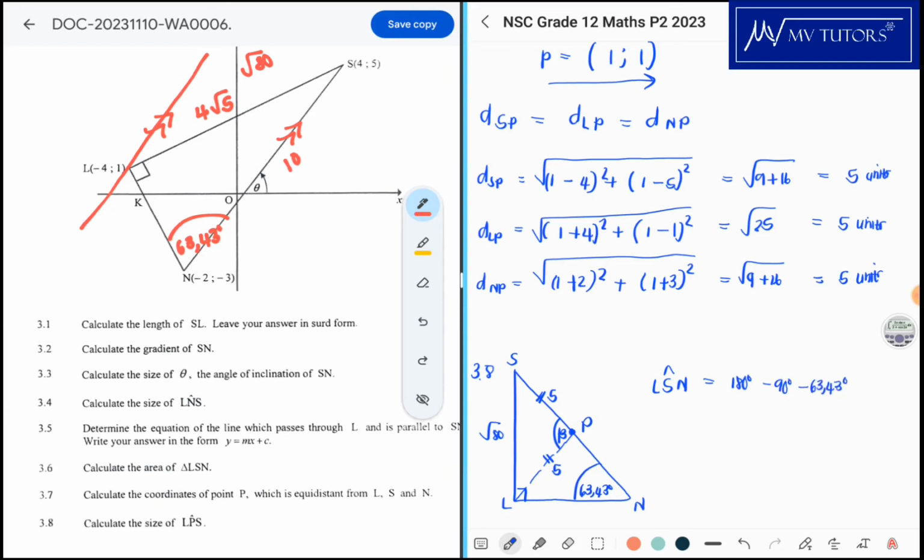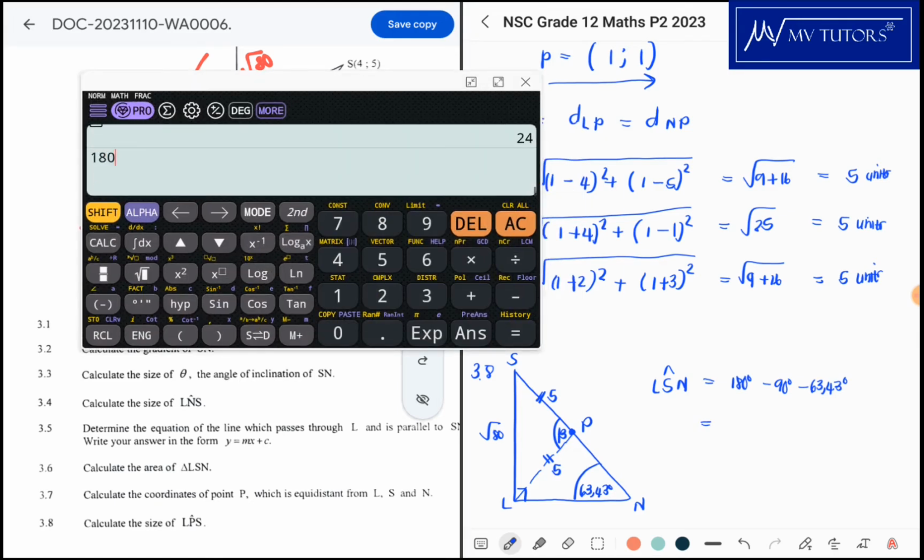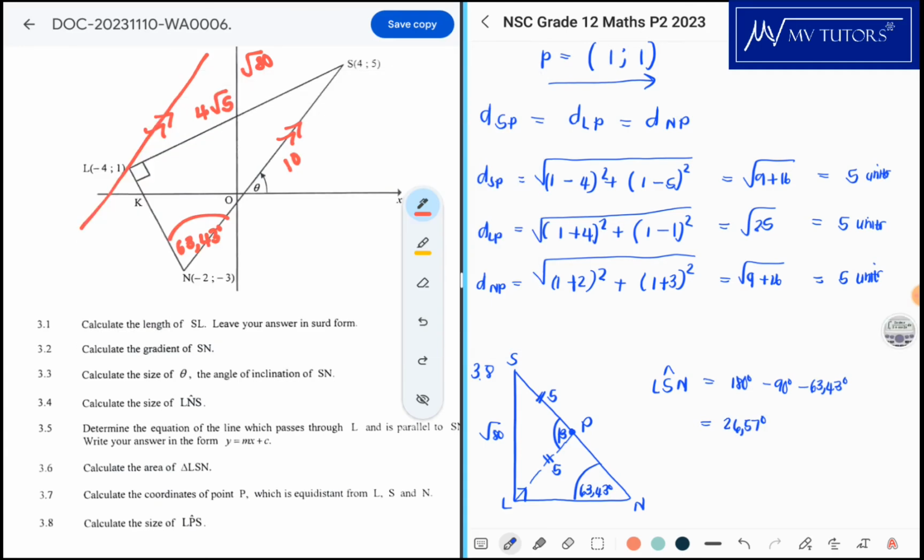That's the sum of angles in a triangle equal to 180, but they didn't ask for reasons, so I'm not going to say anything about the reasons. So we have 26,57. What does that tell us? If S is 26,57, that means L here is 26,57.